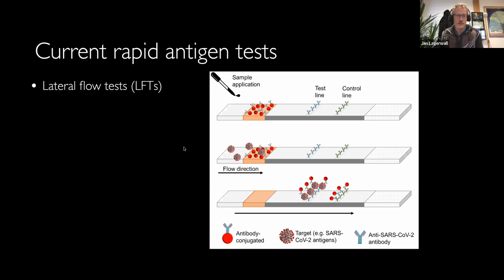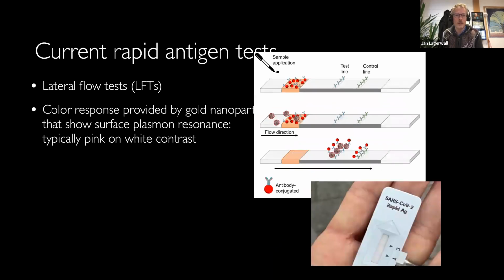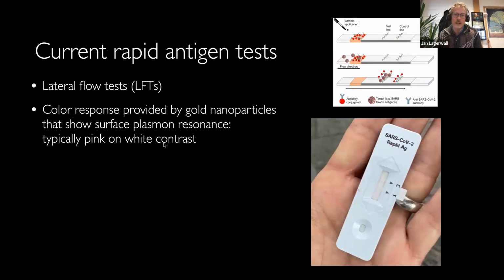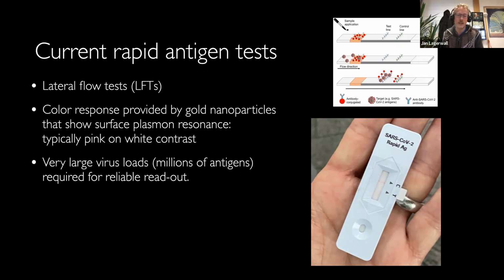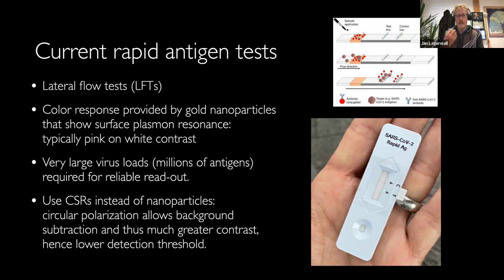This works very well. The problem is that the color response is pretty weak because you have a white background and you have a pink response. So this means that you need a lot of virus particles to get a clear response. And for this reason, it's not completely clear that you can really trust this, because you need such enormous virus loads to really have a positive response.